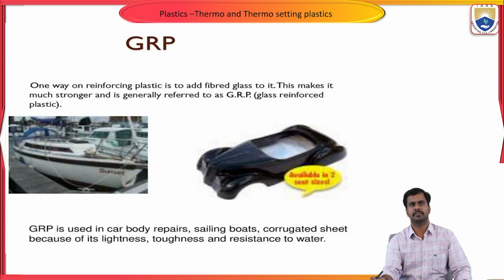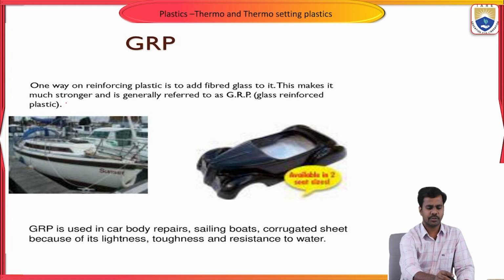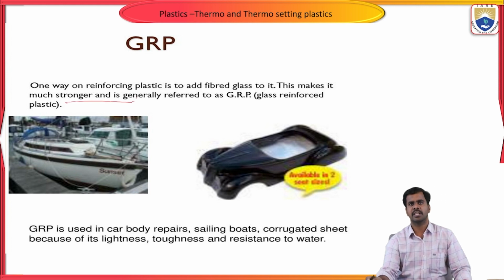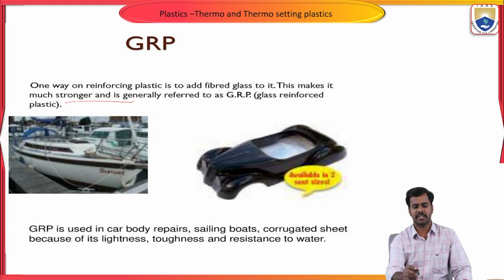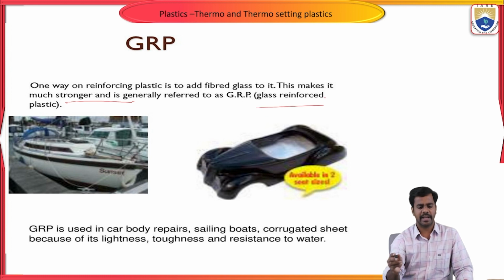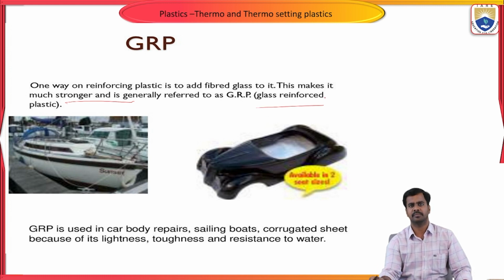And GRP. One way of reinforcing plastic is to add fiberglass to it. This makes it much stronger and it is generally referred to as GRP. GRP stands for glass reinforced plastic.